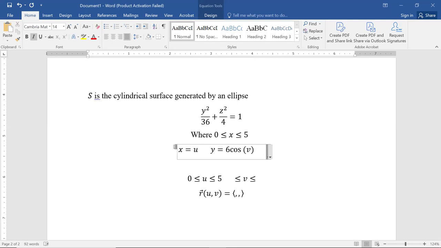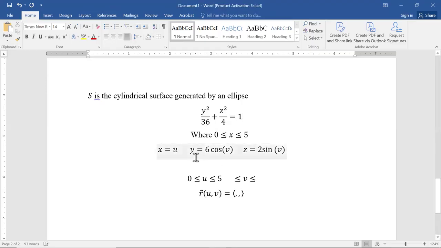If I let my z value be 2 sine of v, when I plug that in, then I get 2 sine of v squared over 4. And that will give me sine squared.